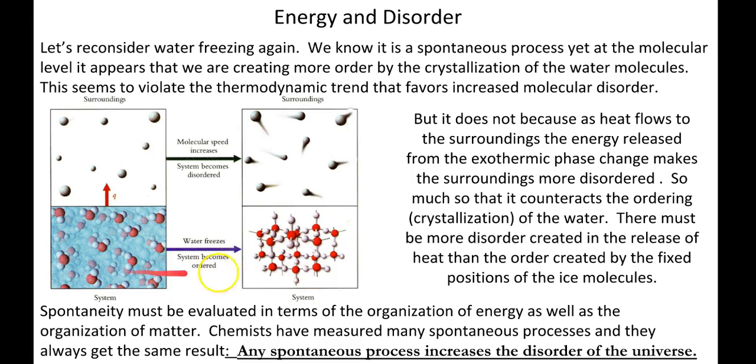So the only way this works, because the driving force in the universe, and this is the second law of thermodynamics, is that we must increase the amount of disorder, or better yet, disperse the energy of the universe. Entropy has to increase for the entire universe. Well, if water is freezing, we're taking these randomly moving molecules and locking them into a solid. The entropy of the system is decreasing.